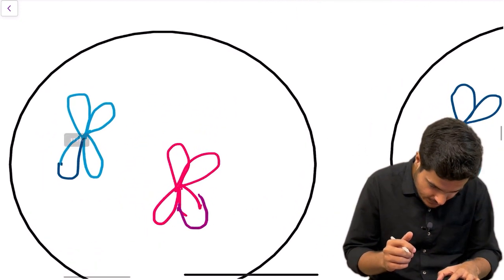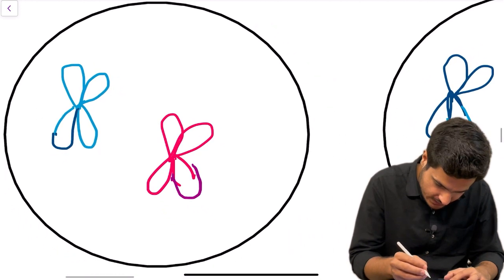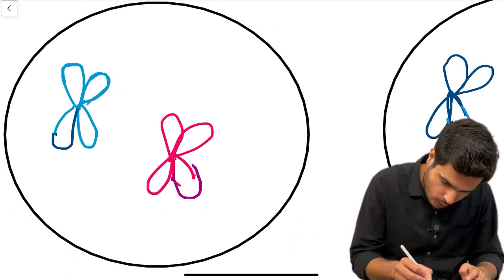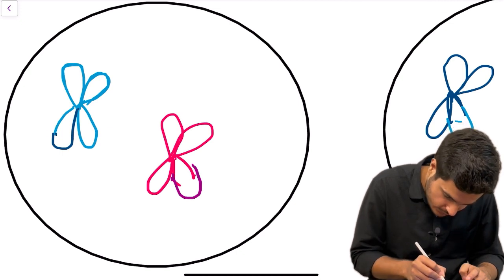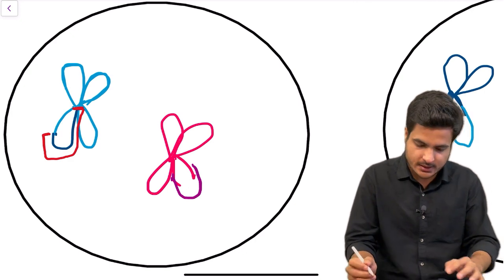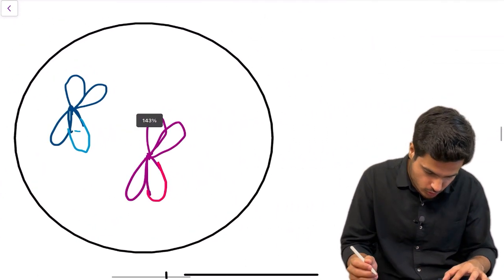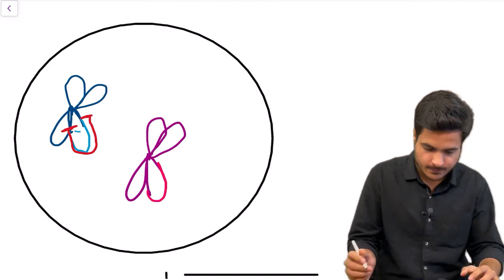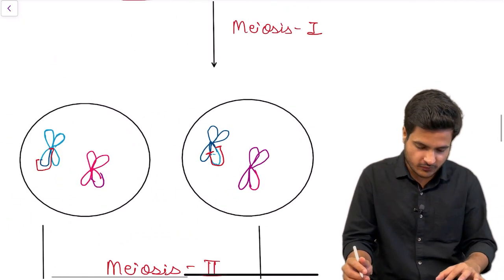But see, there is a change in the genetic framework. This light blue chromosome now has a segment of the dark blue chromosome, from here to here. Similarly, this dark blue chromosome has a segment of the light blue chromosome. So there has been some modification.